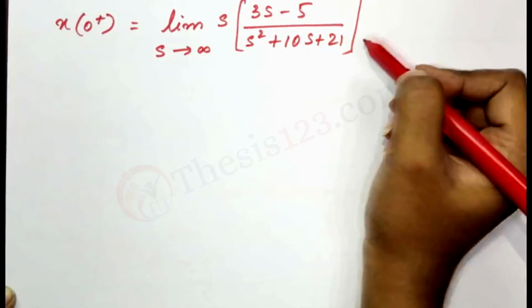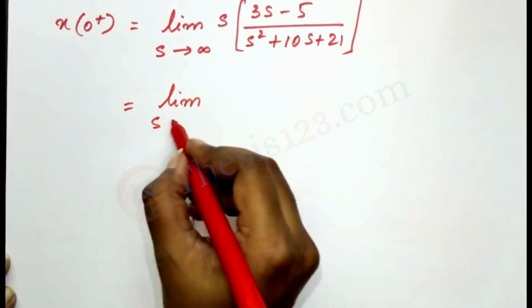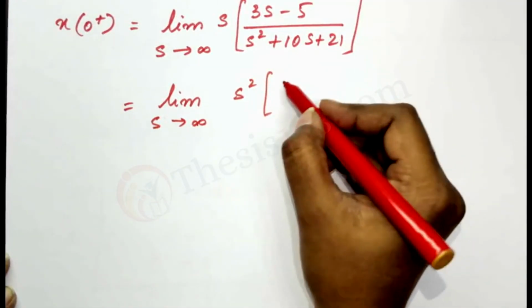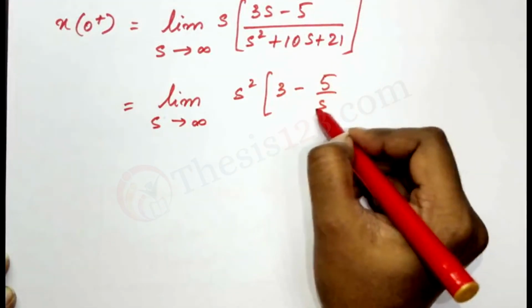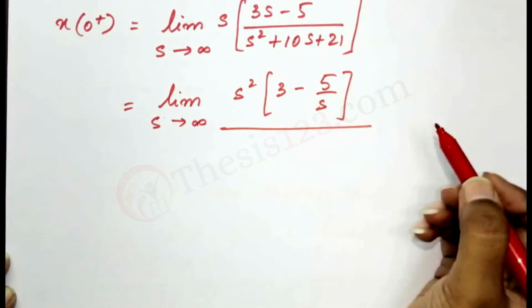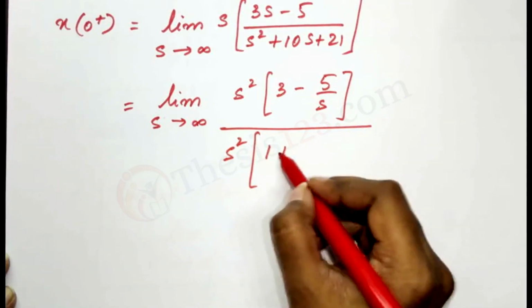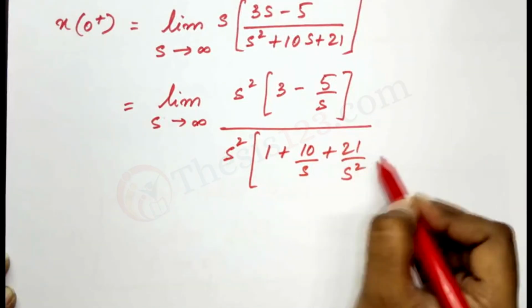So to solve this, limit s tends to infinity, s squared. So when we have s squared here, what do we get? We get 3 + 5/s. And in the denominator, let's take s squared out as the common term. We have 1 + 10/s + 21/s².